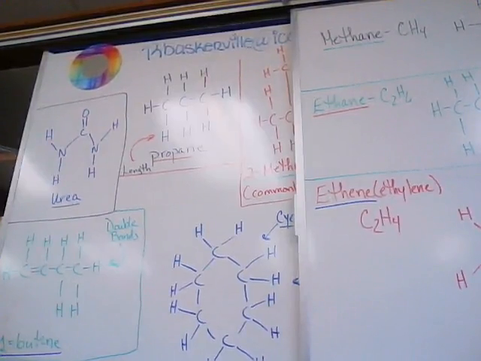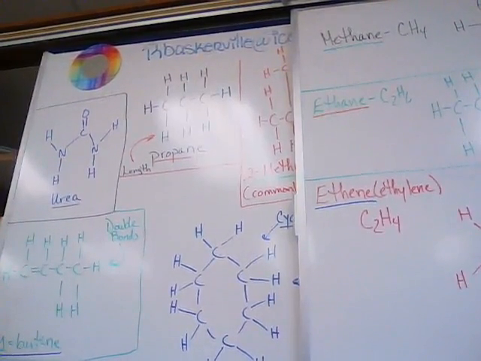Urea, CON2H4, is the organic compound found in urine that Wöhler synthesized in the early 1800s. The structural formula for urea is shown right here. Again, each atom has the required number of covalent bonds.